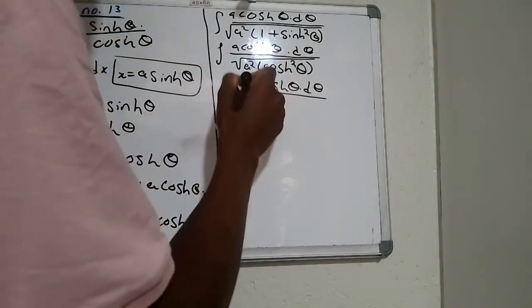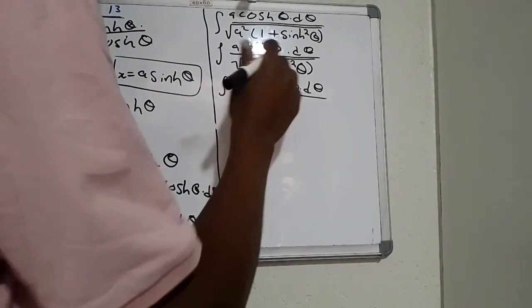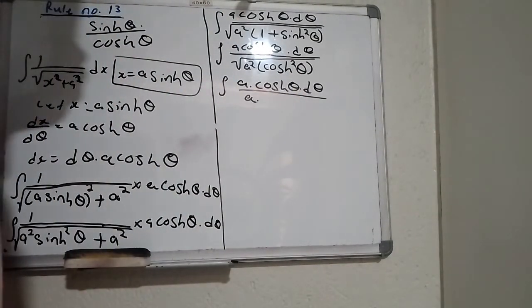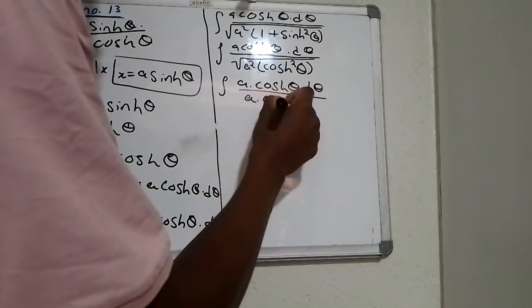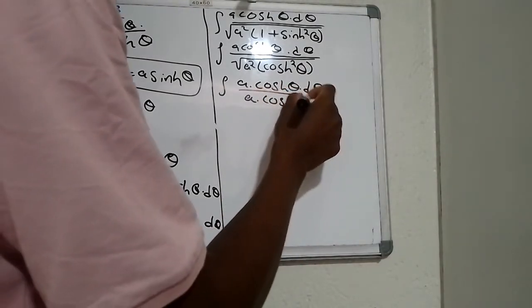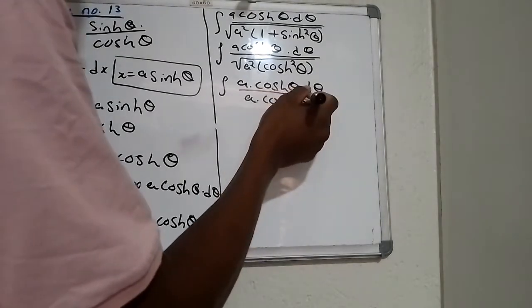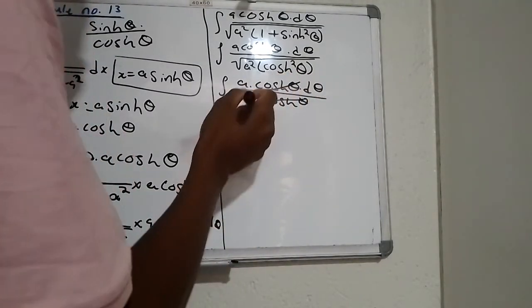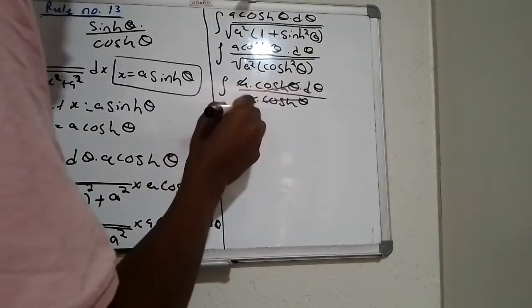The square root of a squared is a. The square root of hyperbolic cos squared theta is hyperbolic cos theta. Then this one and this one cancel, and I'm left with this.